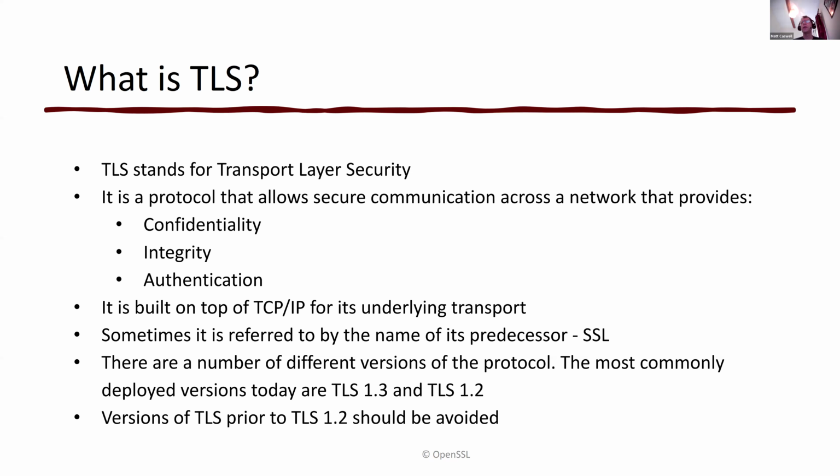Sometimes you will hear it referred to by the name of its predecessor, which is SSL, but these days we just call it TLS. There are various different versions of the protocol available. Most commonly today, you will encounter TLS 1.3 and TLS 1.2. Really, you should be avoiding anything less than TLS 1.2 if at all possible.